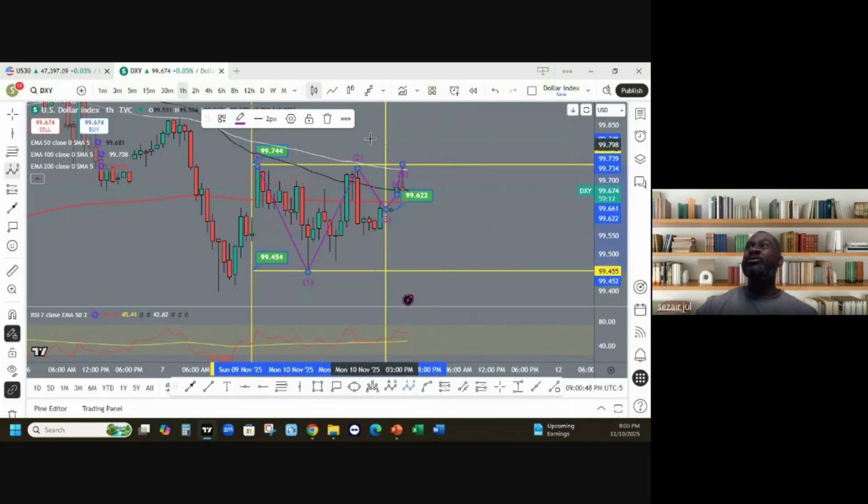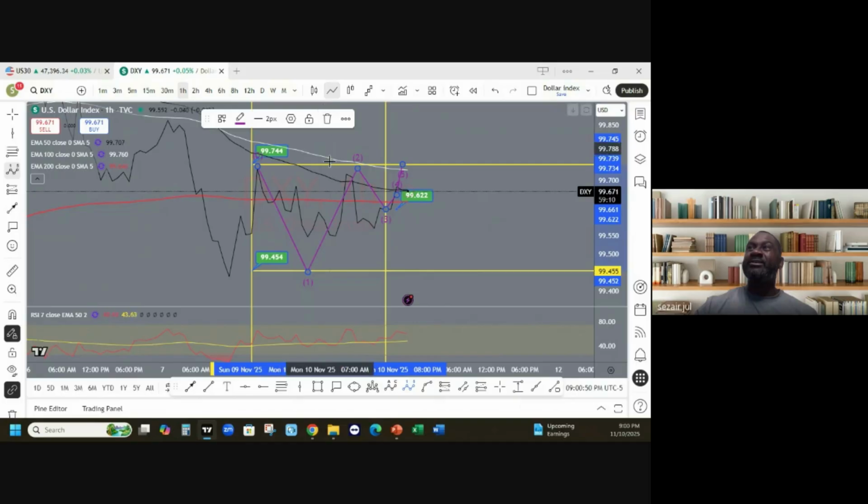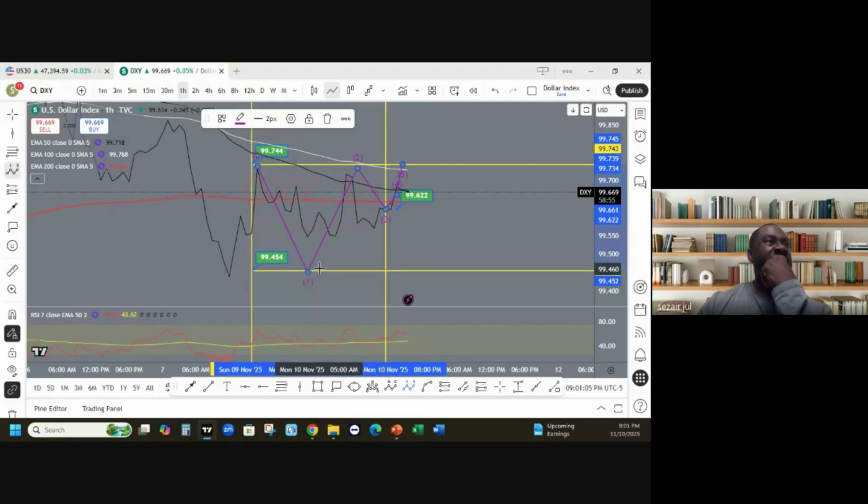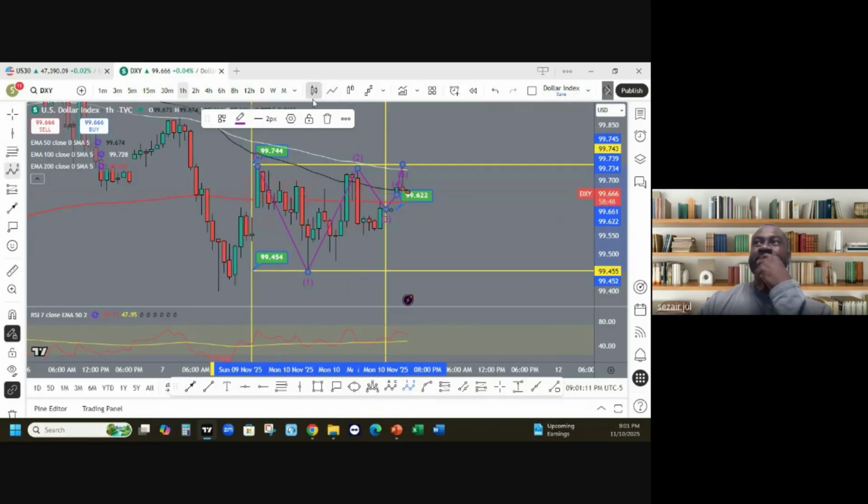So if we do a line chart, you see that it goes down. If you look at the line chart, would it tell you that the price goes to that line today? No. It doesn't show you that. But if you do the candlestick chart, the price goes all the way down here.